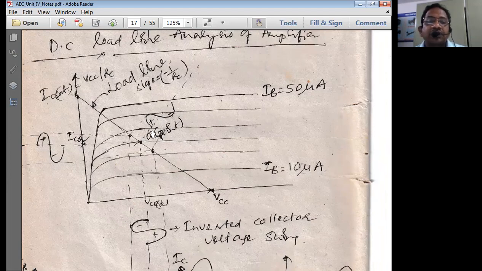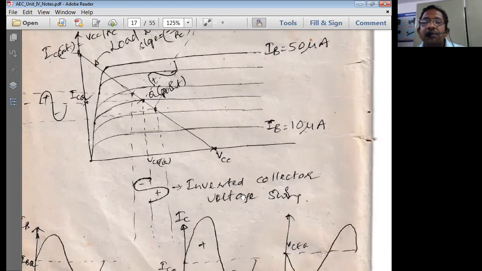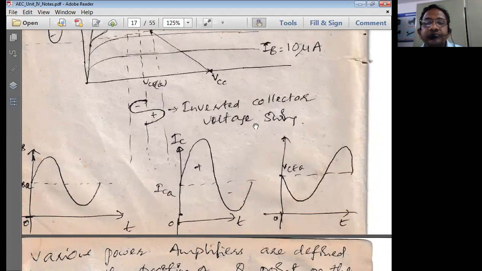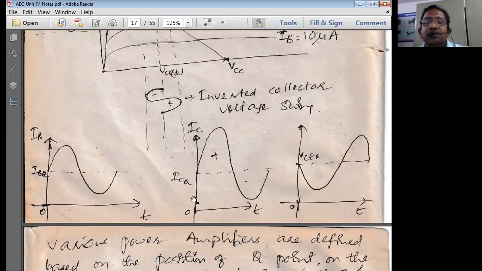Input going positive, output will go negative. If input is going negative, output simply goes positive. That means the CE amplifier gives an inverted output waveform. Inverted output voltage is the result of the CE amplifier circuit.